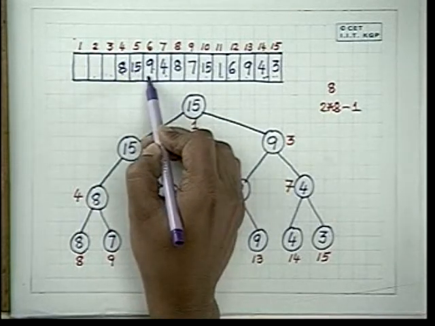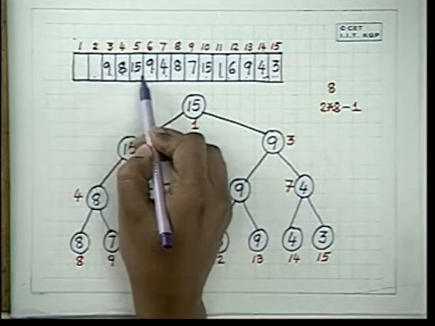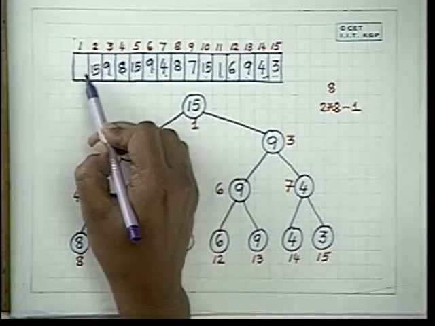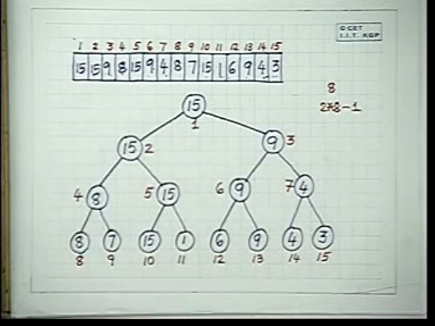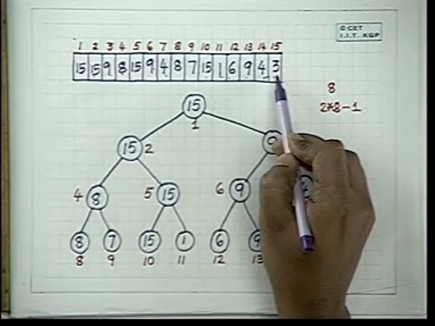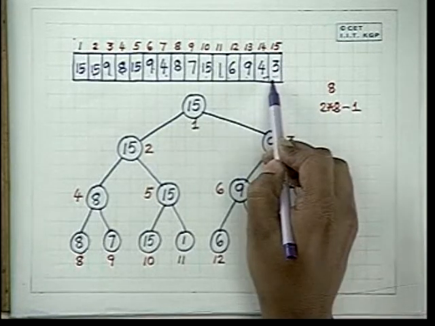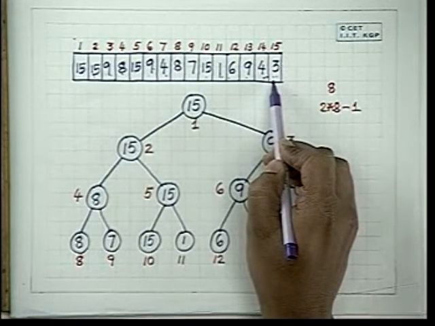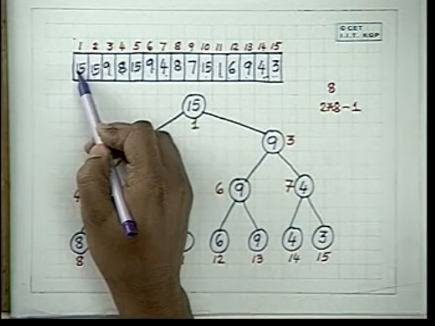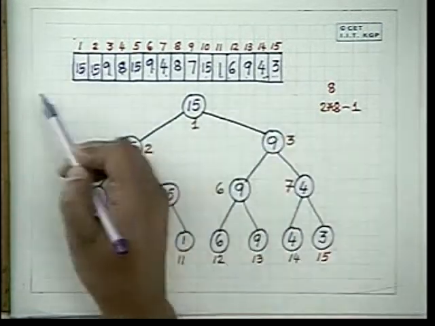Compare these two and put the larger here. So for i equals 2n minus 1, right up to here, in one loop, you can simply set up the tournament.